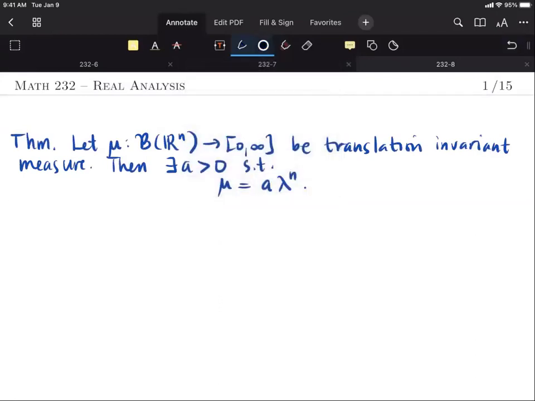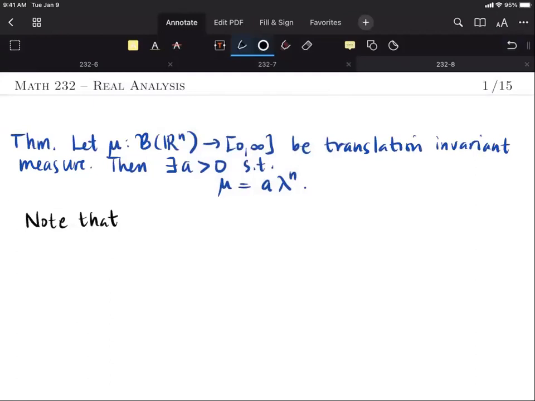Well, in fact, one can compute the constant A by evaluating this at the unit cell.